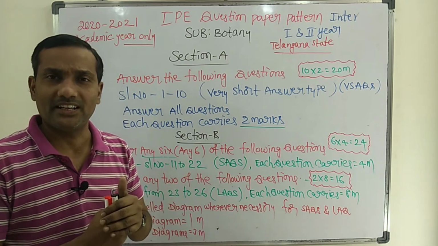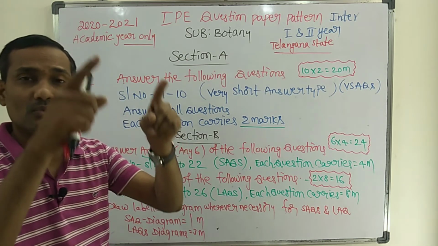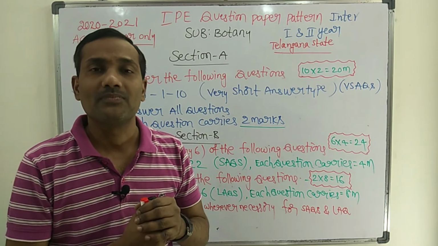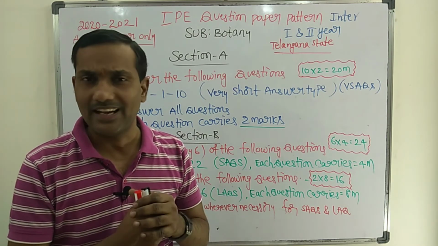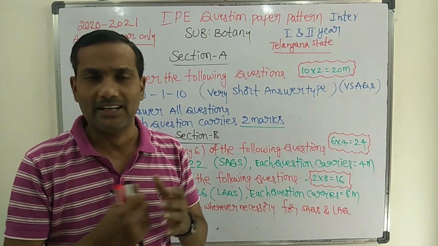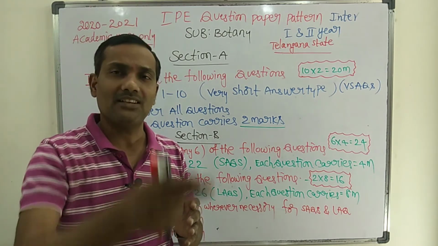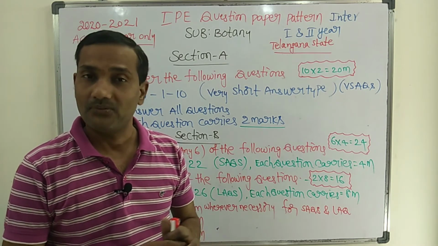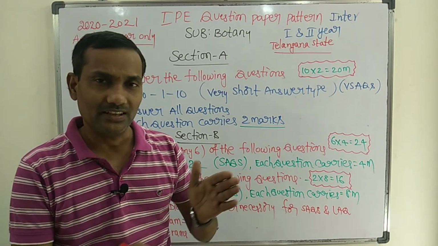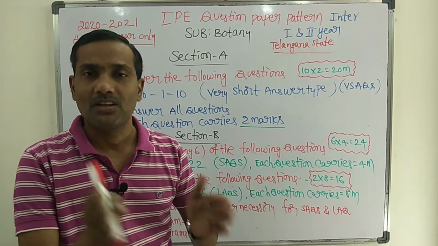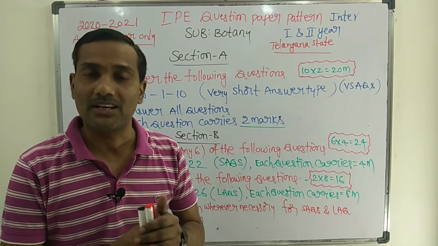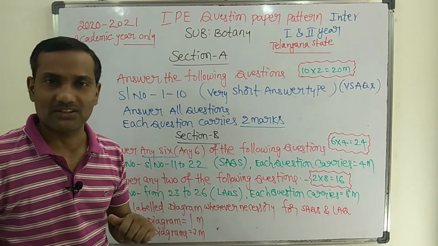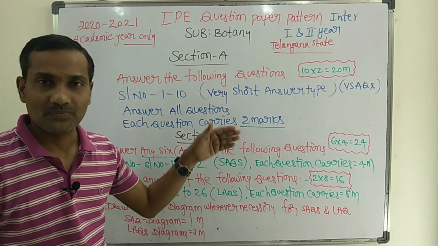For example, in second year, the glycolysis and Krebs cycle flow charts. Writing the glycolysis flow chart gets 3 marks, and describing all 10 steps gets 5 marks. So for cycles in second year or other diagrams, there will be 10 marks.